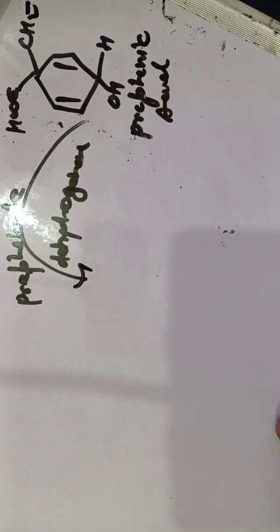In the previous reaction we used prephenate dehydrogenase, and with this we will get phenylalanine, that is the aromatic amino acid.